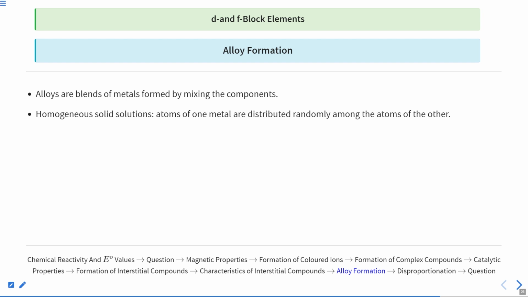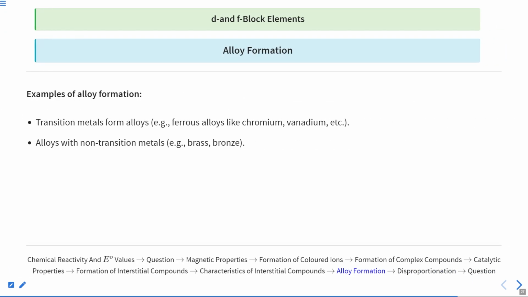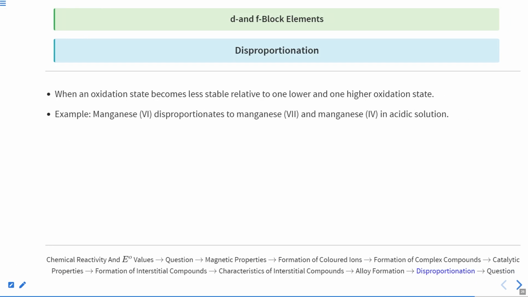It is a homogeneous solid, meaning the concentration is equal throughout the alloy, and the atoms of one element are distributed randomly among the atoms of the other. So we take two metals, or you can say elements, and make a third material out of it, in which the two elements are closely packed. Transition metals form alloys like ferrous alloys, which are formed with chromium and vanadium. If I talk about non-transition metal alloys, then we have brass and bronze.